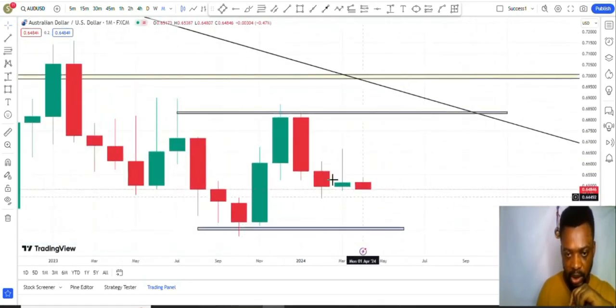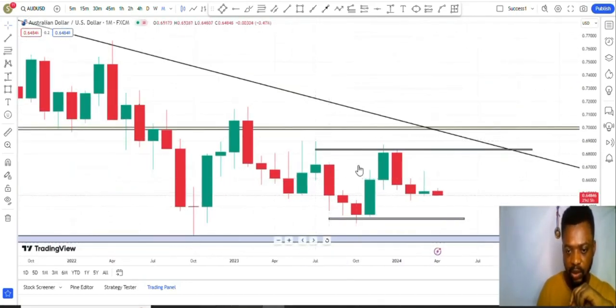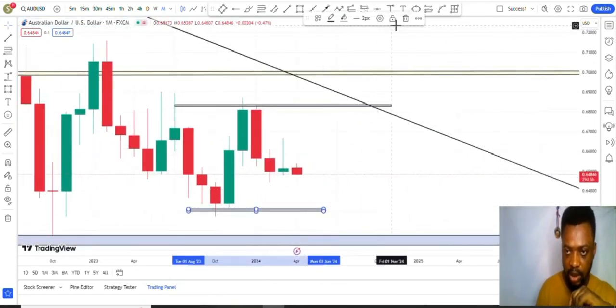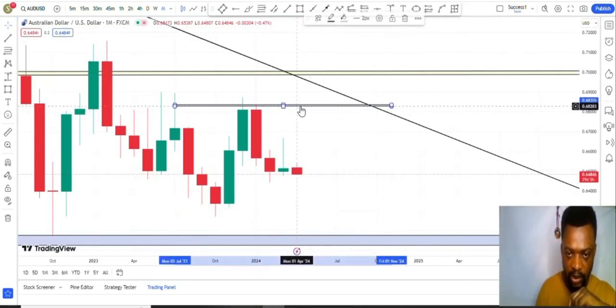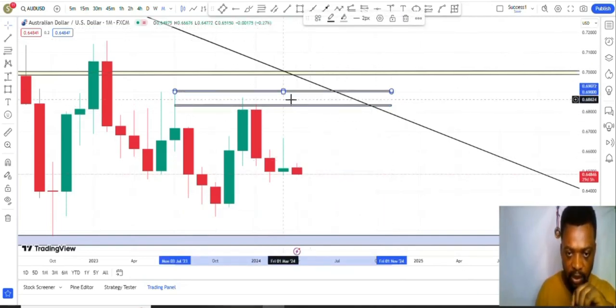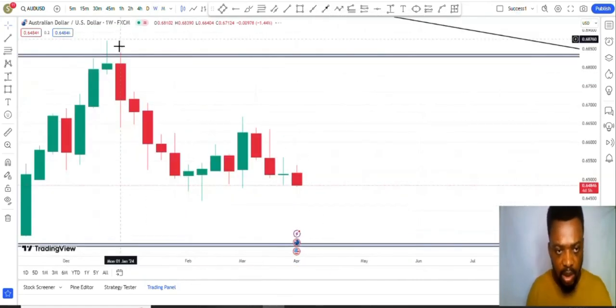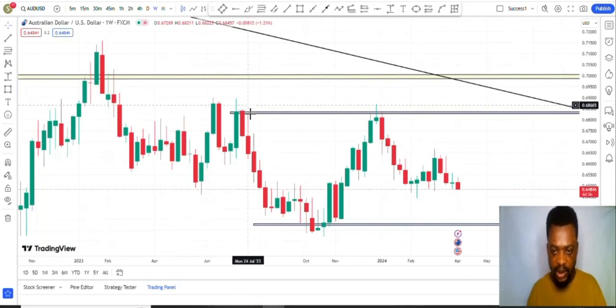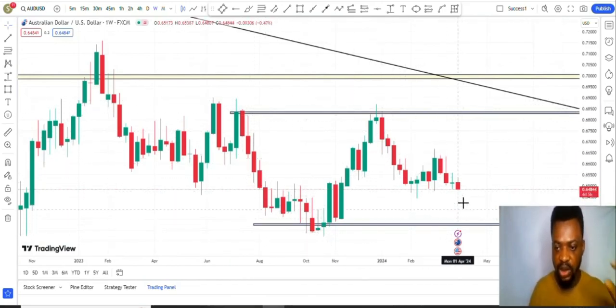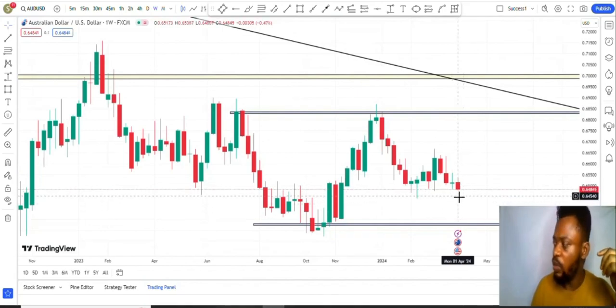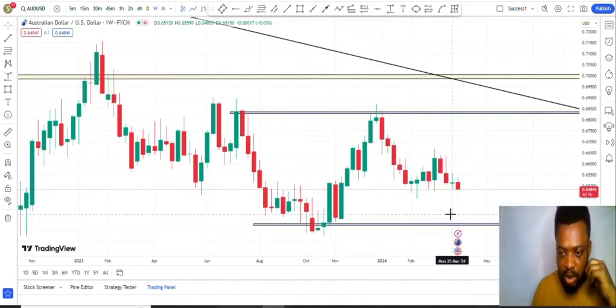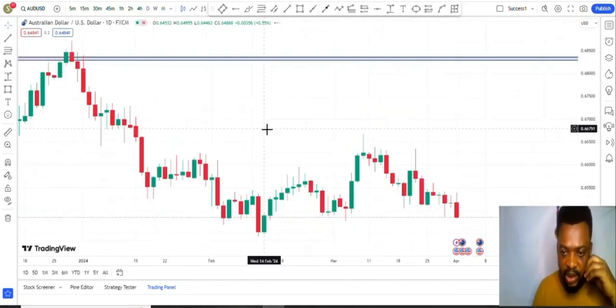And from the monthly, let me just copy and clone these levels. So from the weekly time frame, you can see the market is committing to the south, sellers are showing momentum.